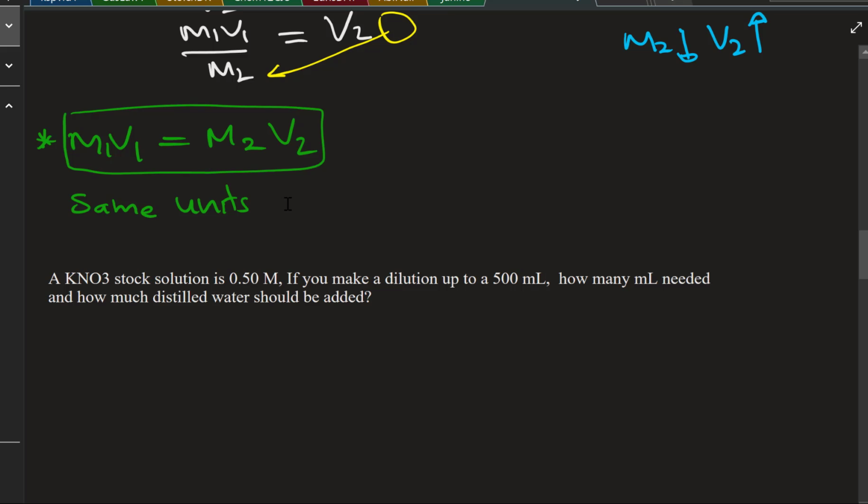Remember, make sure you have the same units. If you have milliliters, you can still work with it, but normally big M and liters are the ones to go with, right? Now, what do you do? Manipulate the M1V1, M2V2, plug in the numbers and do the math. Now, if you ever want to know how much water was added or taken out, that is actually V1 minus V2.